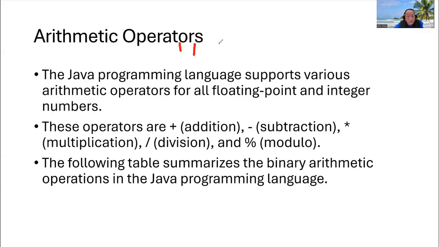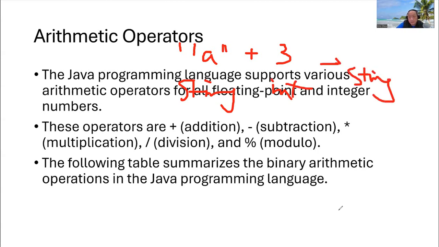And then let's assume that you have a string plus 3. It is a string plus an integer, and you become a string. So usually if I want to convert the integer 3 to a string, I just use a double quote plus 3, and that will become a string of 3.